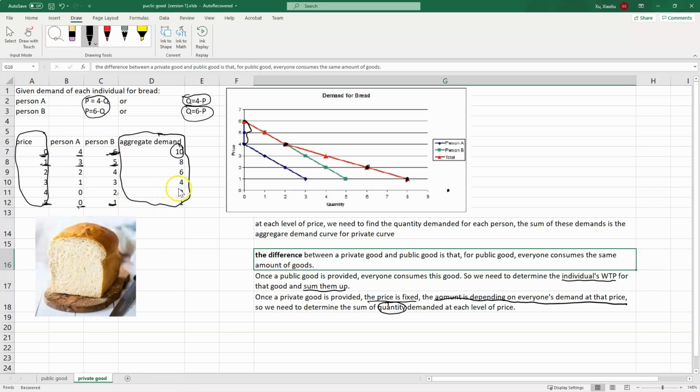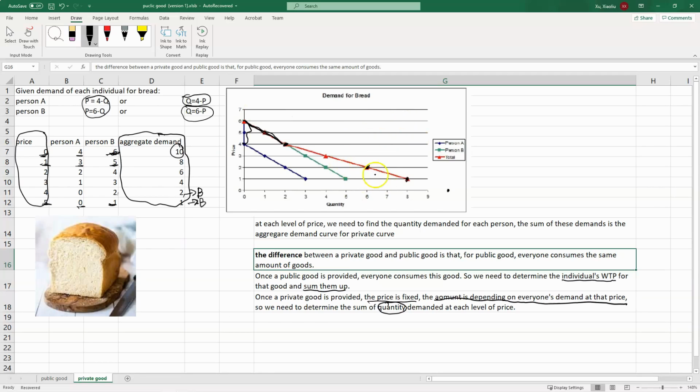So the aggregate demand would be exactly B's demand of bread at price 4 and 5. So as we can see in this graph, for price higher than 4 but less than 6, the aggregate demand curve would be exactly B's demand curve.